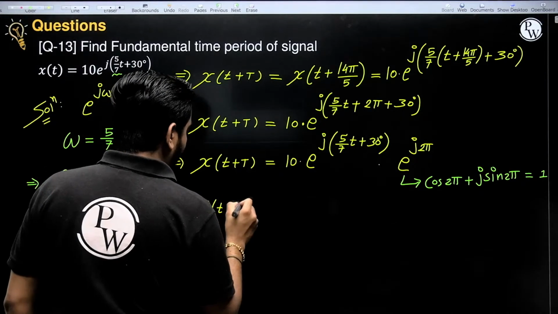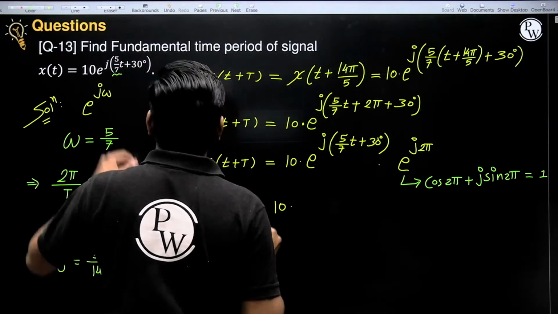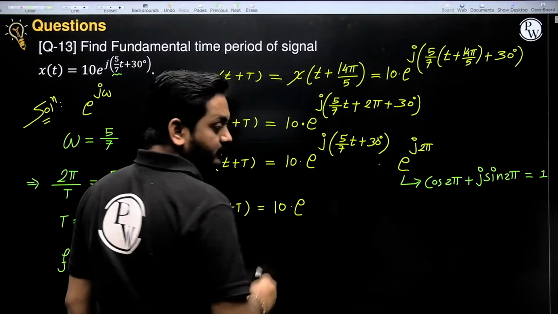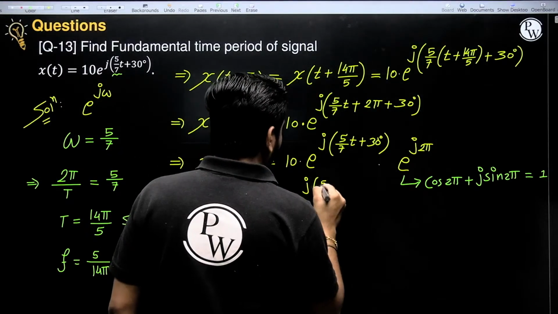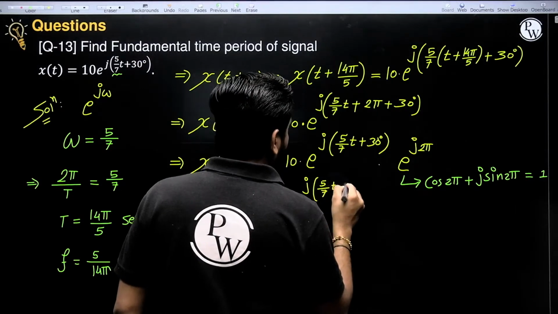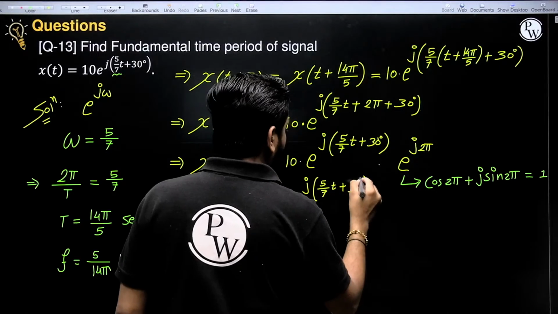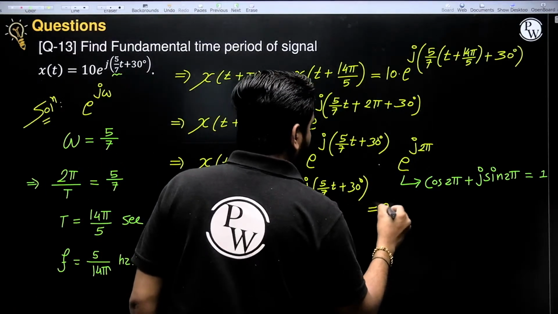So x of t plus capital T is equal to 10 e to the power j (5 by 7 t plus 30 degrees), which is the same as x of t.